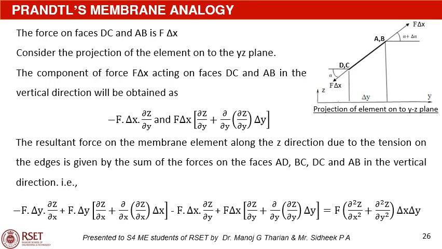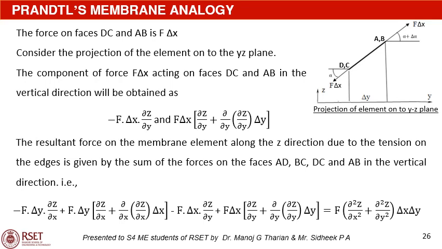The resultant force on the membrane element along the Z direction due to the tension on the edges is given by the sum of the forces on the faces AD, BC, DC and AB in the vertical direction.